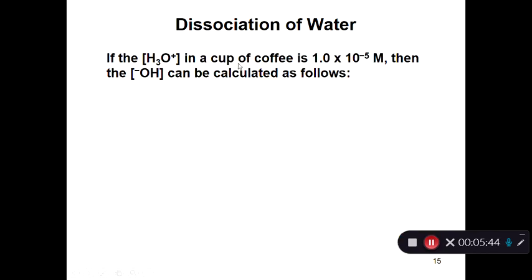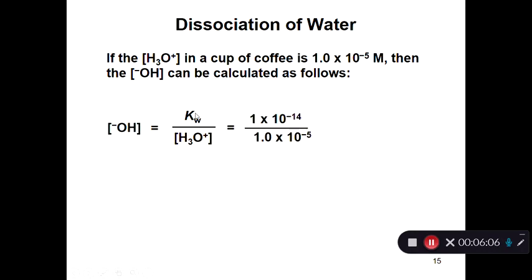The question says, if the hydronium concentration in a cup of coffee is like this, calculate the OH minus concentration, the hydroxide ion. First, I need to write the equation, rearrange it, then plug in.